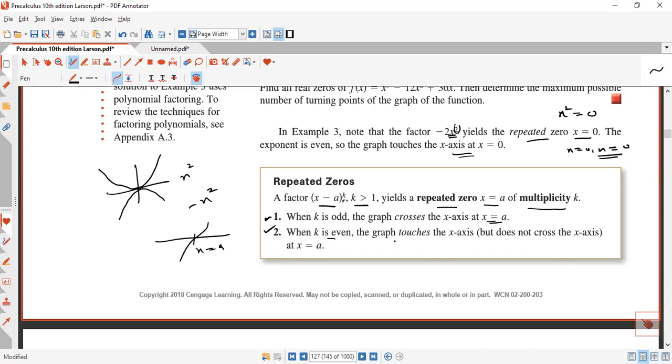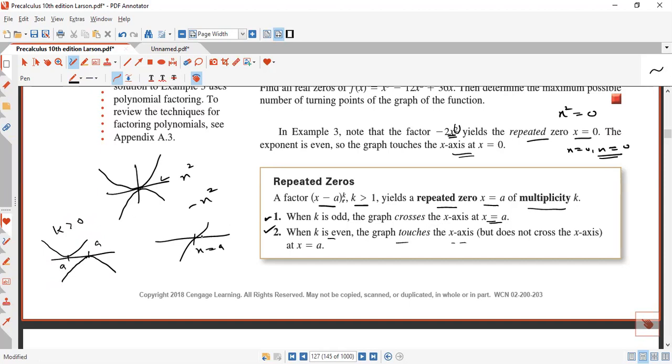And if k is even, then the graph touches at x equal to a. This is an example of the second point. If k is even, the graph will not cross, but it will go down and only touch. Let's suppose here is our a. It will touch whether k is positive or negative.